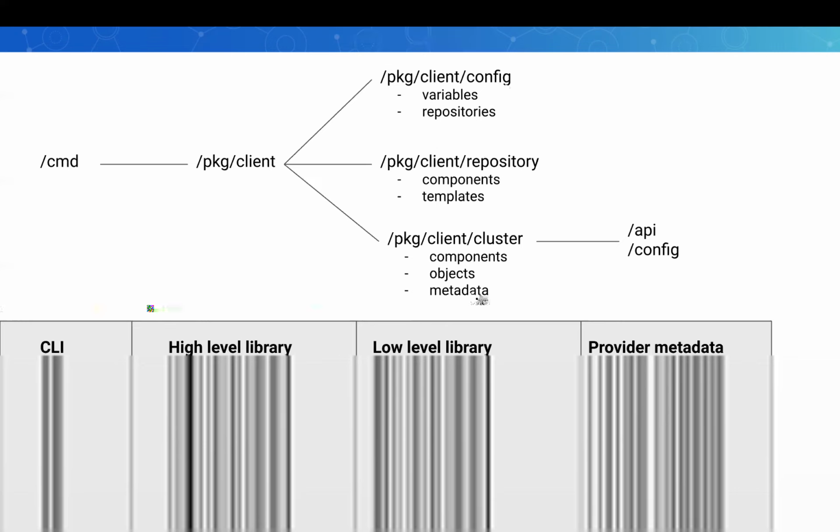One is the configuration, and clusterctl will manage two types of configuration. One is simpler, the variables that are used for variable replacement, and the other is the repository, the list of repositories for the Cluster API providers. This is an object, and I will give you a quick overview. It is another package. Again, there is the same pattern, a public interface and a concrete implementation.